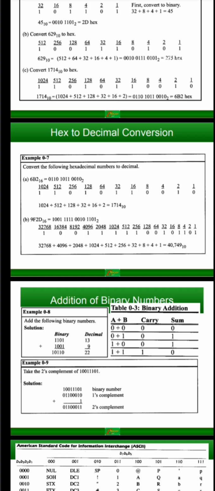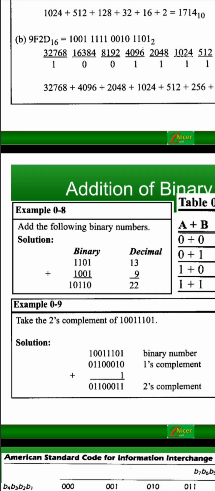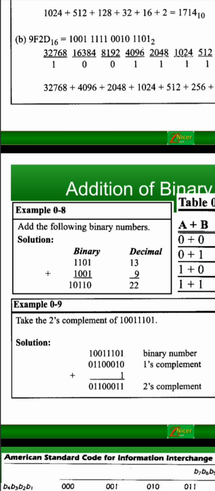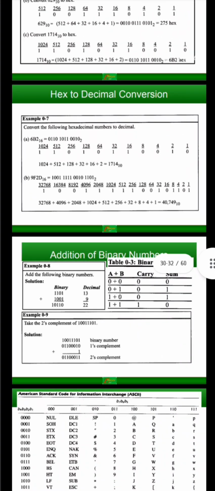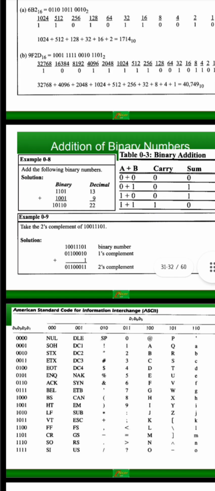When we add both binary numbers, 1 plus 1 is 0, and it will generate a carry of 1. Then 0 plus 0, then the carry 1 which was generated in the addition of 1 plus 1 will be added to the total. Then 1 plus 0 is 1, and 1 plus 1 is again 10.